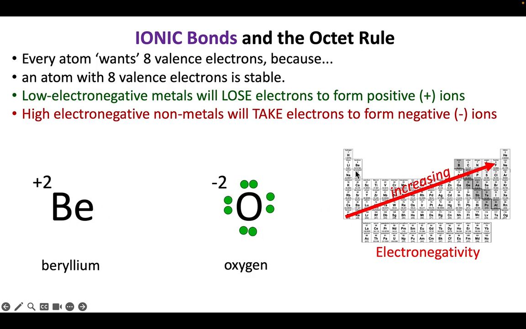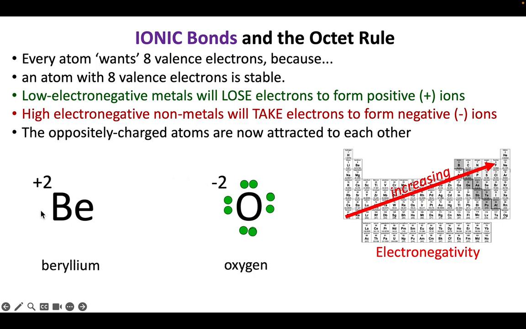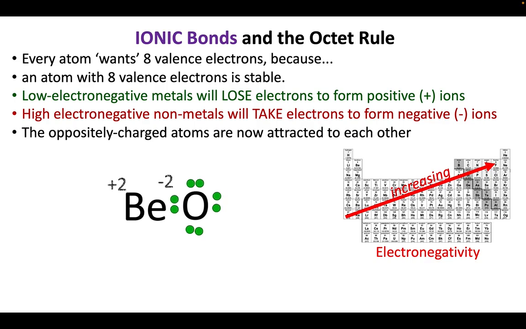Beryllium gets its outer shell by losing those, because now it has helium's outer shell of 1s2. But in losing 2 electrons, it's now a +2. So we have a negative magnet and a positive magnet. And they are attracted to one another, and they stick and neutralize that charge. So this is beryllium oxide.